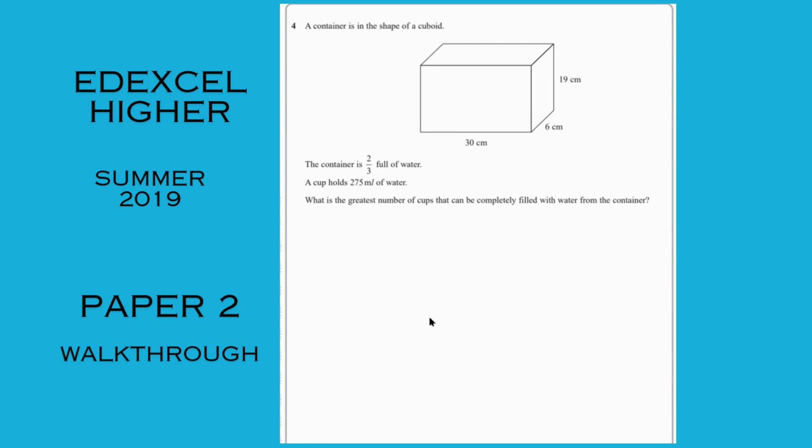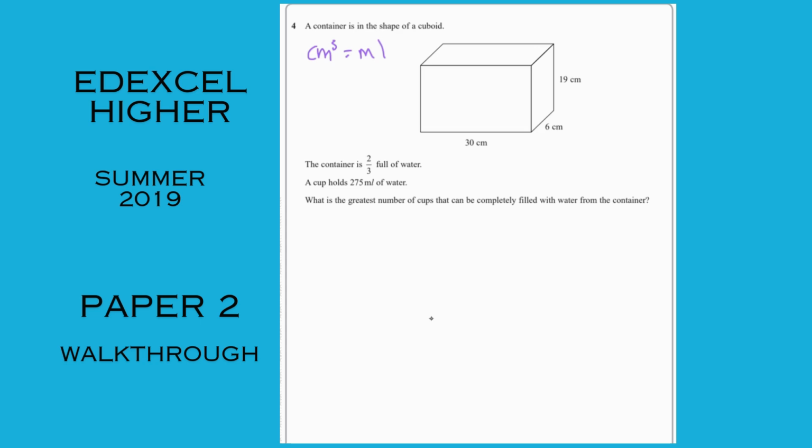Number 4. So don't forget, with centimetres cubed interchangeable with millilitres. 1 centimetre cubed is 1 millilitre, 1,000 is 1 litre, and so on.